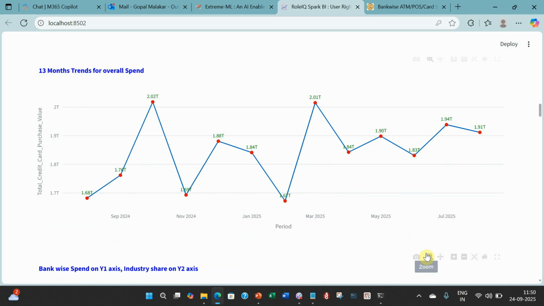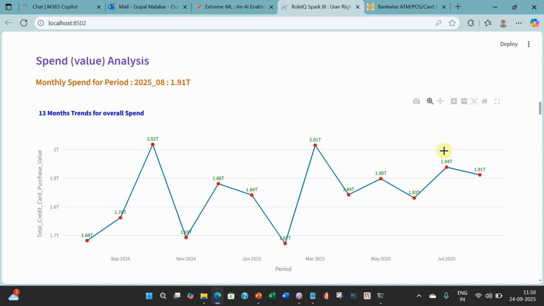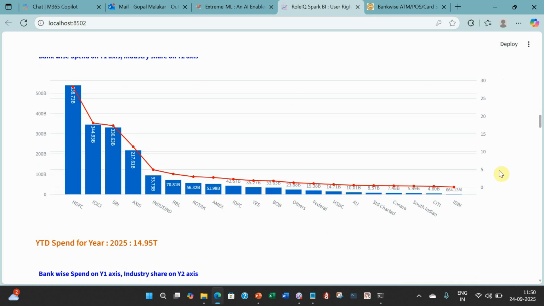Now look at spend wise. Last month we had 1.94 trillion spent. This month we have 1.91 trillion spent. 1.91 trillion is as good as 1 lakh 91,000 crore in Indian rupees. So this is how the industry trend is going. Now just look at bank wise. The biggest has been HDFC at 538 billion, which actually means 53,873 crore in Indian rupees, followed by ICICI, SBI, Axis, and then others.